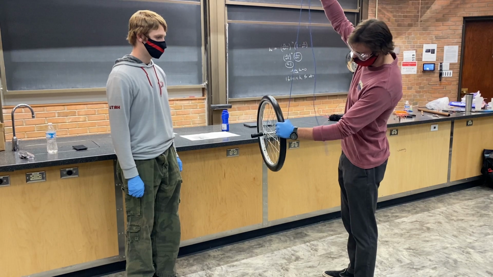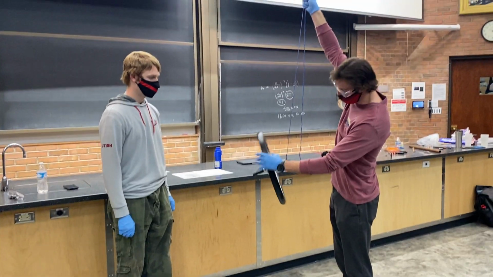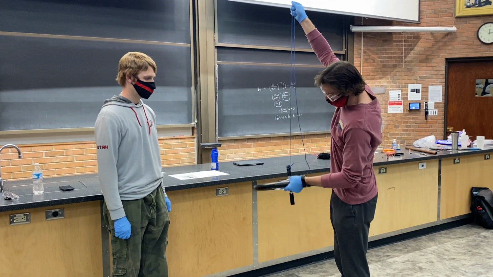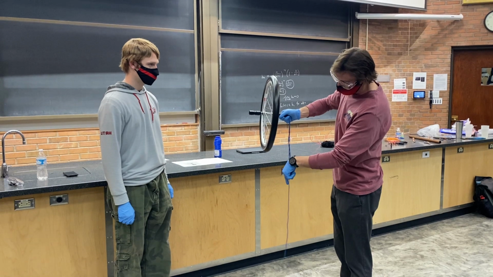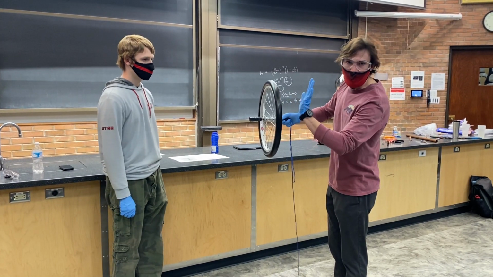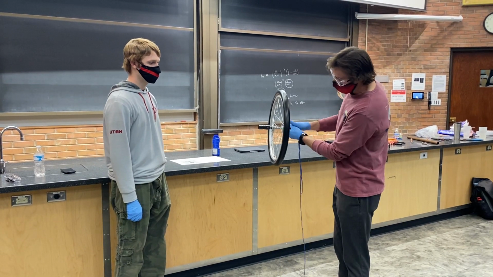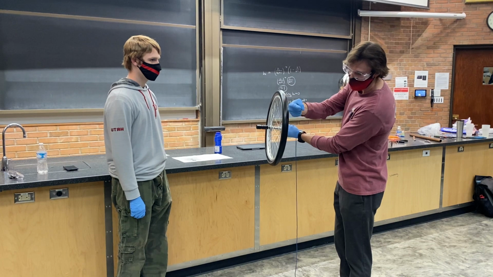So if I'm holding the rope here, you can see when I let it go, the wheel wants to rotate like that. So what's happening is gravity from the center of the wheel is pulling it down, but my rope has a tension force that's pulling it up here, which is making it want to rotate. And so when that happens, there's actually a torque that's applied in this direction.